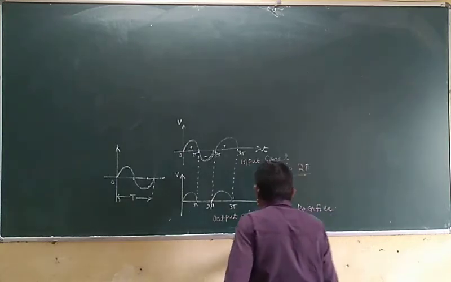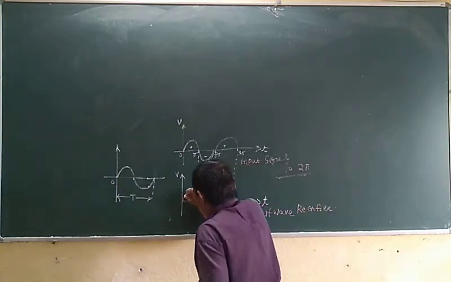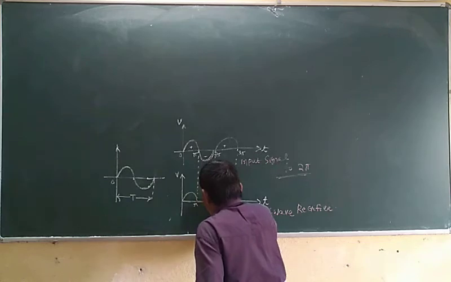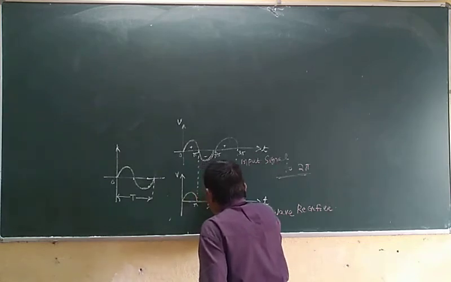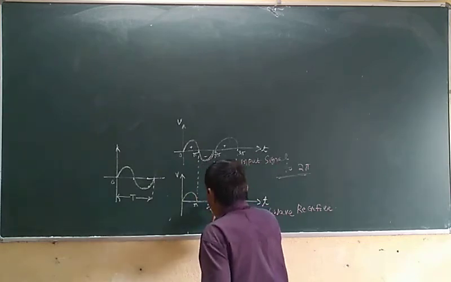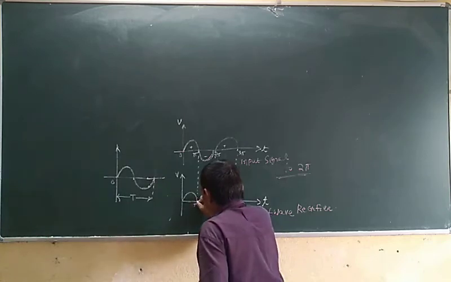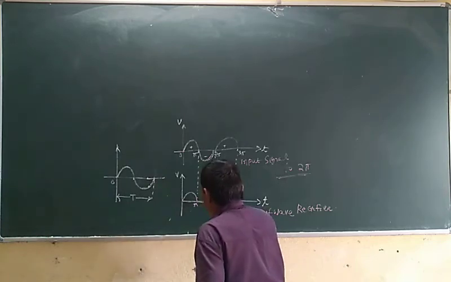In this section, only the half cycle conducts through the single diode, and the other half is not conducting.